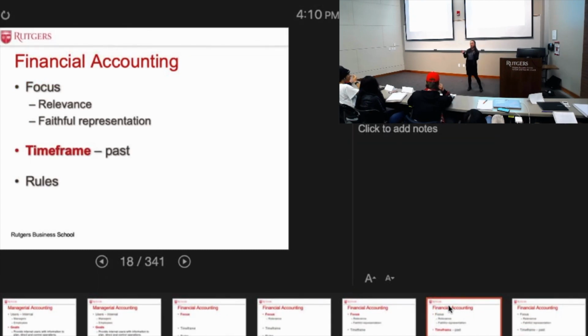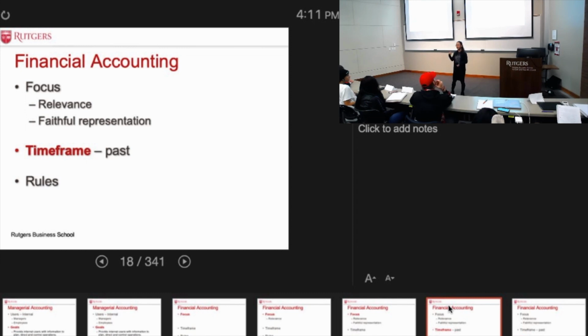And when you read a financial report, let's say a balance sheet, what's on the title? What's on the title of a balance sheet? Okay, you have the name and then the date. Right? For example, it's for the year ended 2018, December 31st, right? So the time frame is in the past, right?